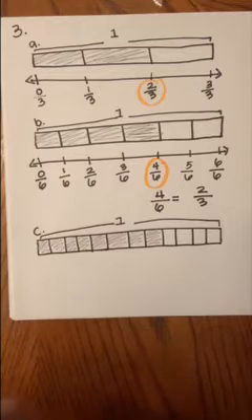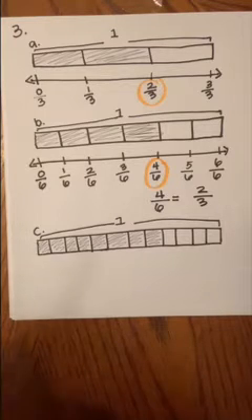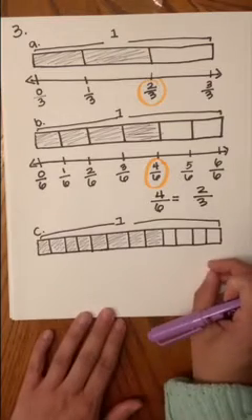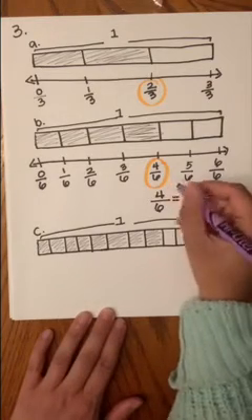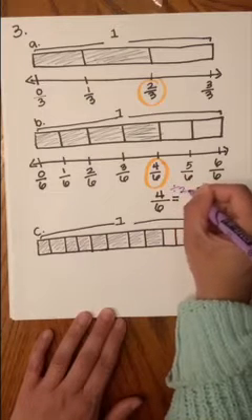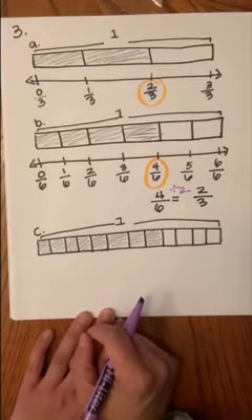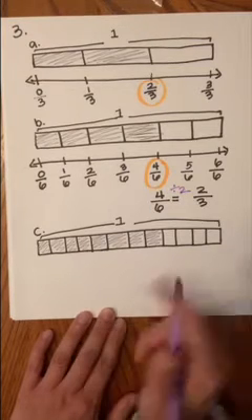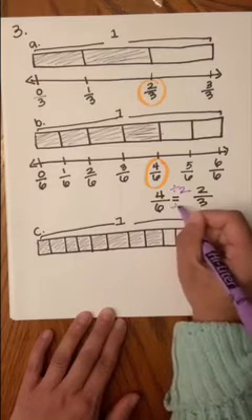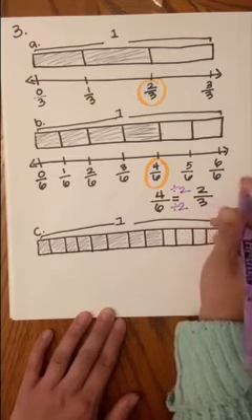Sure. How can I do that? Well, let's see. What if I do this, boys and girls? If I divide by 2. And remember, if I do it to the top, I have to do it to the bottom. You got it. 4 divided by 2 is 2. 6 divided by 2 is 3.